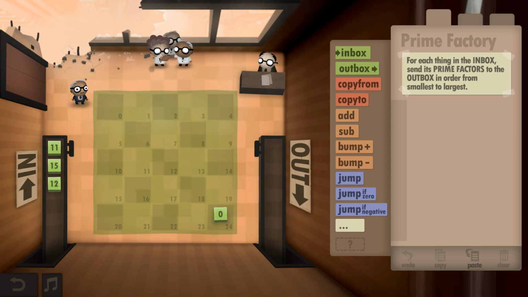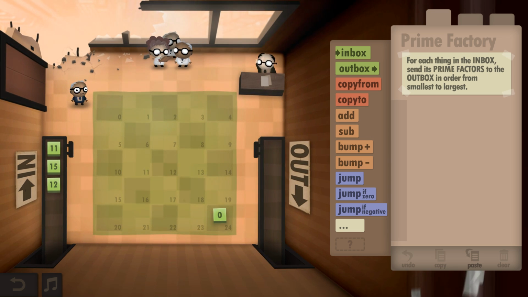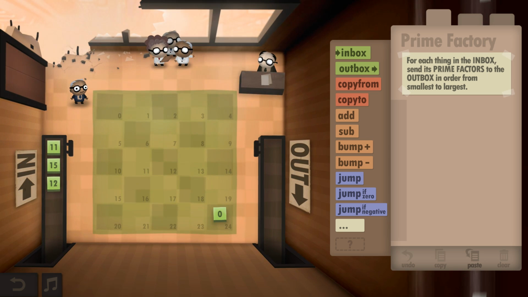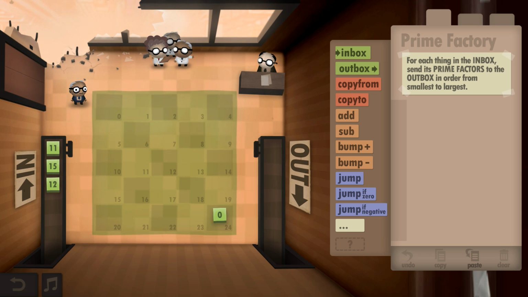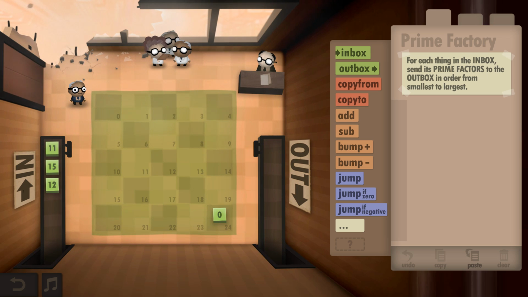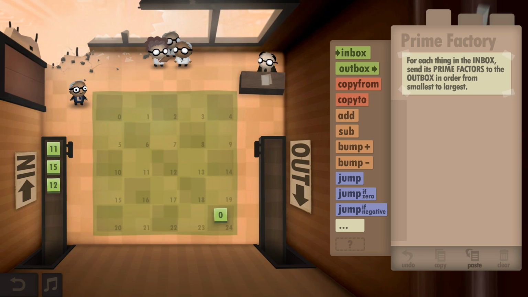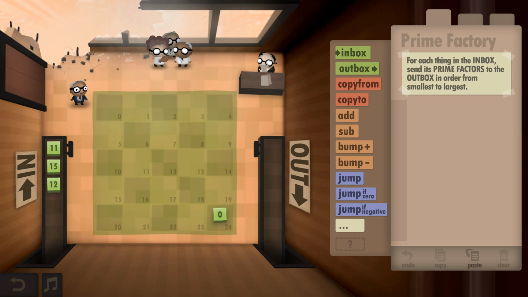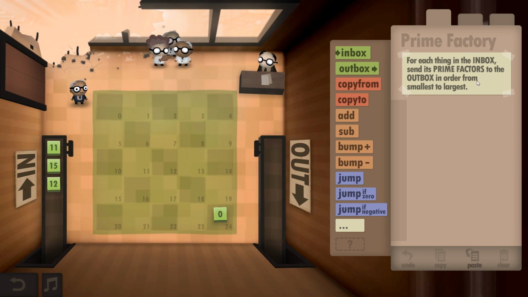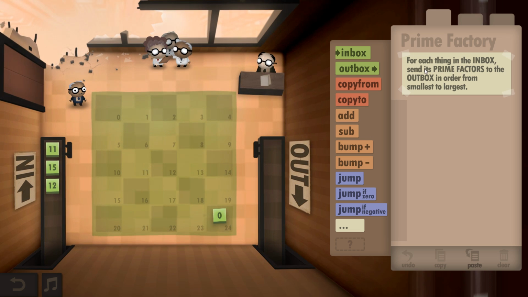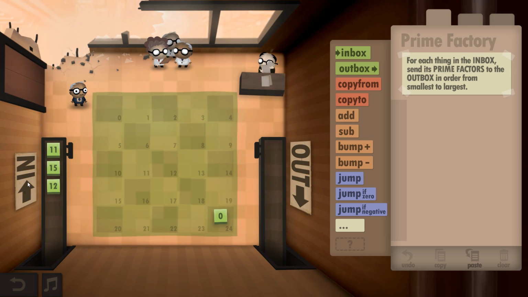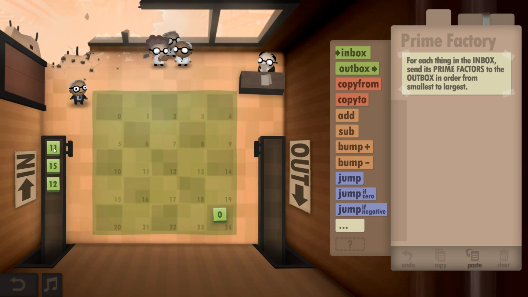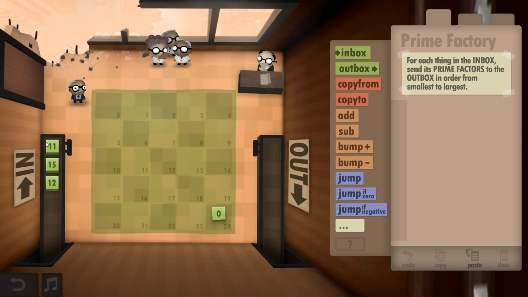I have to write code that tells me if a number is prime or not, first of all. Because otherwise I can't be sure if it's a prime factor or not. And then I have to divide these numbers by basically every number lower.